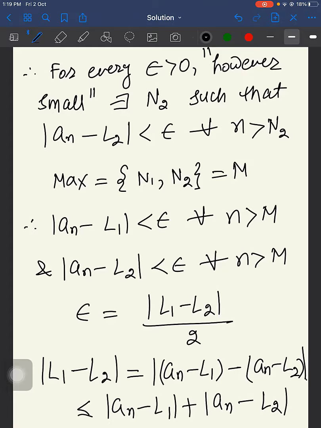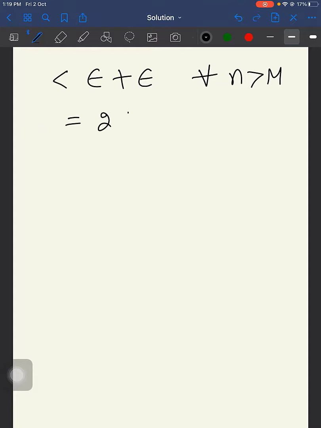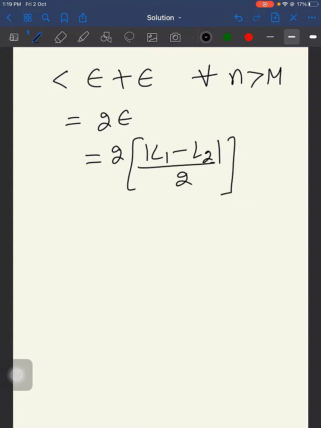Now since it is given that these two are less than epsilon for all n greater than M, we can write that this is less than epsilon plus epsilon for all n greater than M. So this is equal to 2 epsilon, but we have selected epsilon to be |L1 minus L2| by 2, so this is |L1 minus L2|.